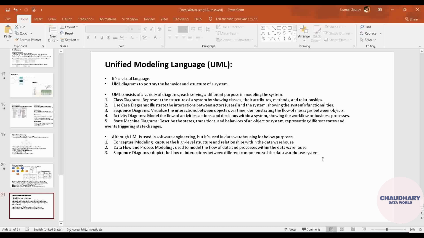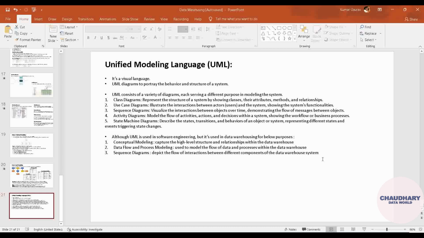Now I'm not going deeper into how we can create Unified Modeling Language. This is a completely different and very vast topic with multiple things, such as how we construct a class diagram and how we construct a use case diagram. There are multiple protocols with which it is to be created.